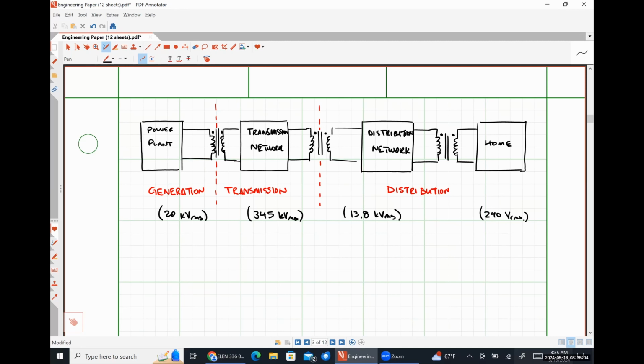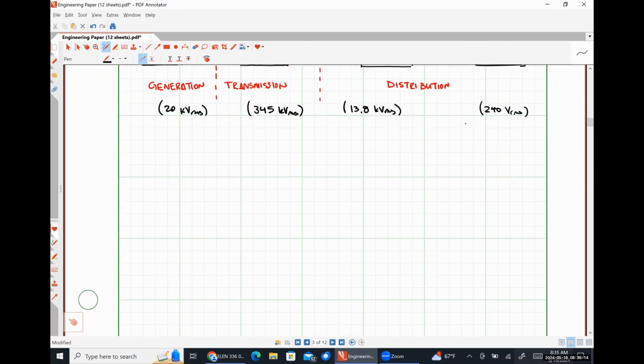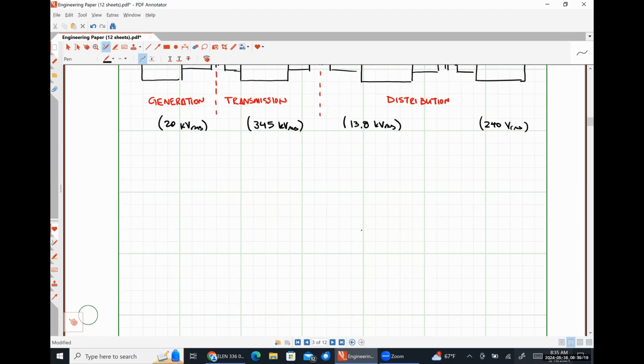So in order for us to get 120 volts in our homes from these receptacles, we utilize what's called a tapped or split phase transformer.